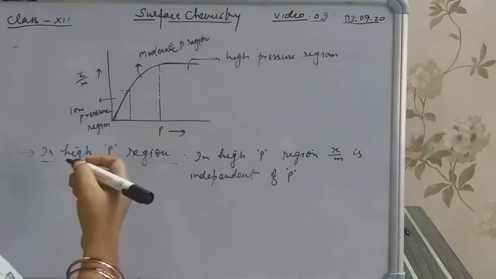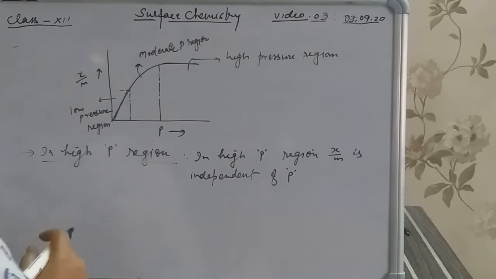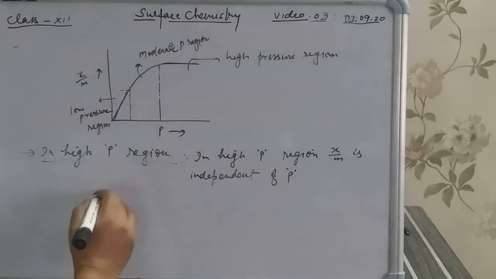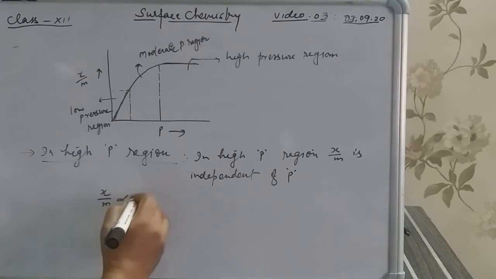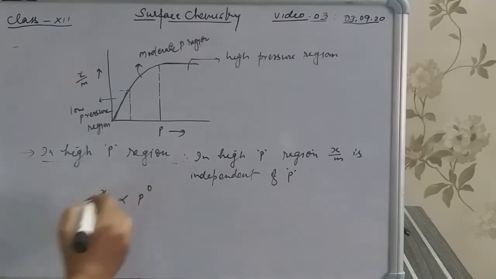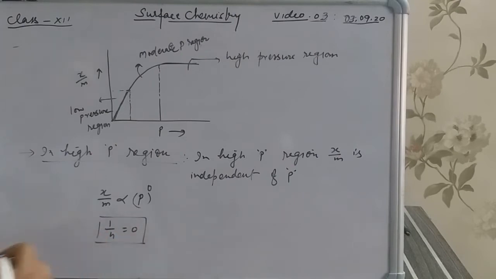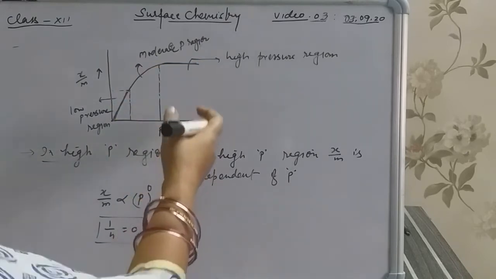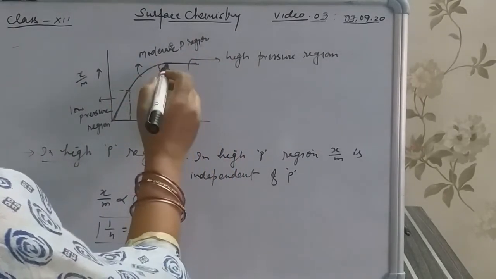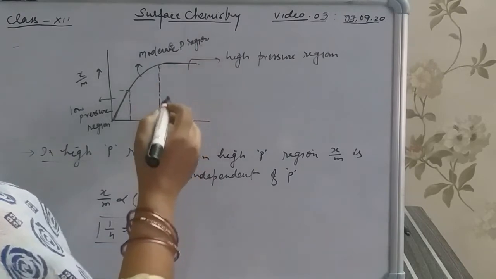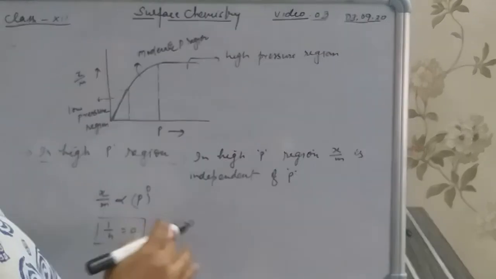So the Freundlich isotherm is not valid at high pressure, as x by m is proportional to pressure to the power 0, meaning 1 by n equals 0. Whatever the pressure is, or as the pressure increases, a straight graph is obtained. This shows that at high pressure no further adsorption takes place.